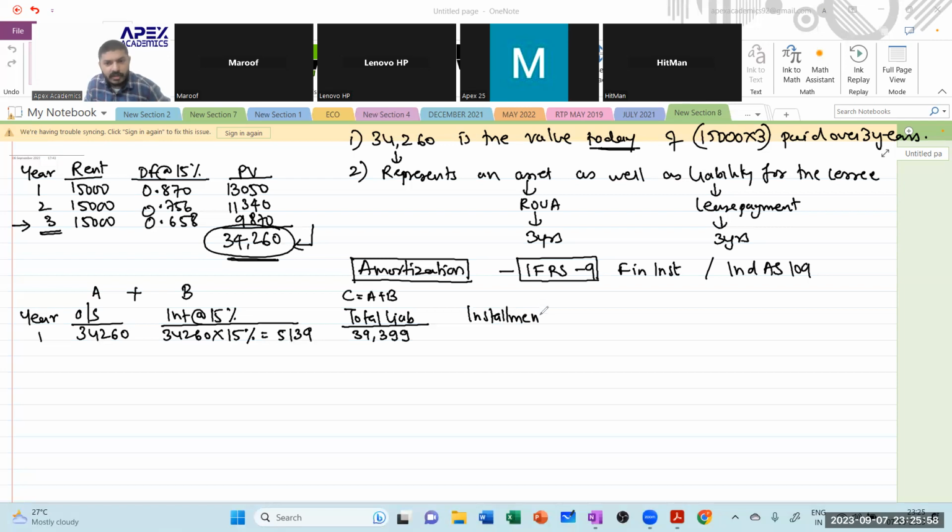What is your installment amount? As you might have guessed it, it is 15,000. In this 15,000, there is an interest component and there is a principal component. The interest component is 5139. What is the principal component? Out of 15,000, it is 9861.